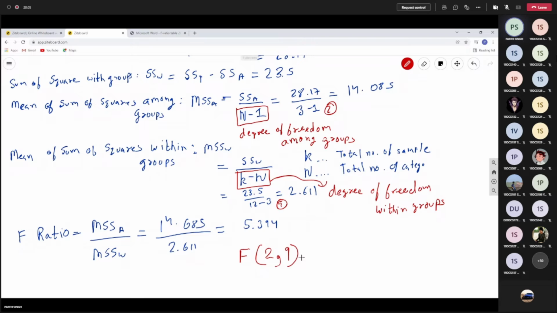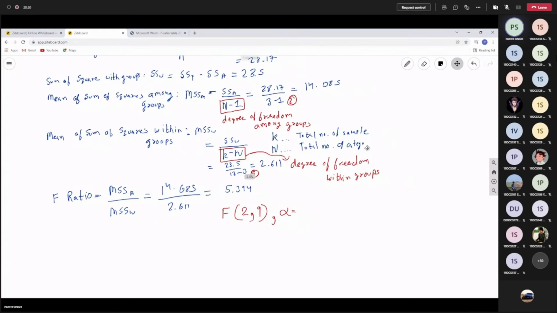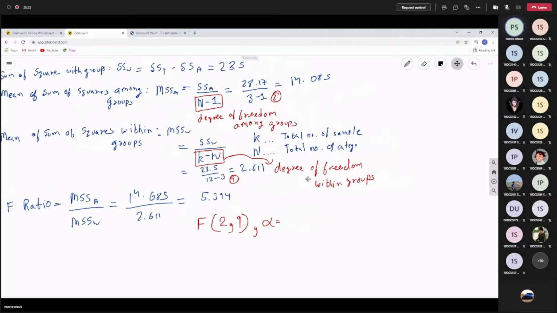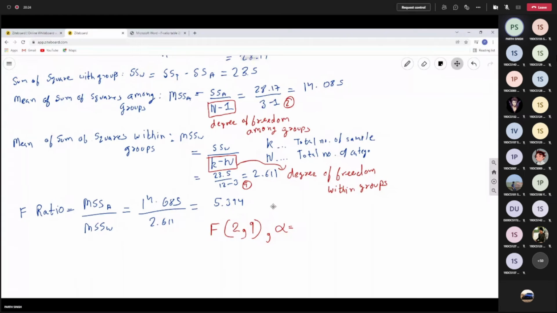With significance level. Now, what is the next step we need? So let's move on to the last step. Here we will need a table, also known as the F ratio table, or F distribution table.